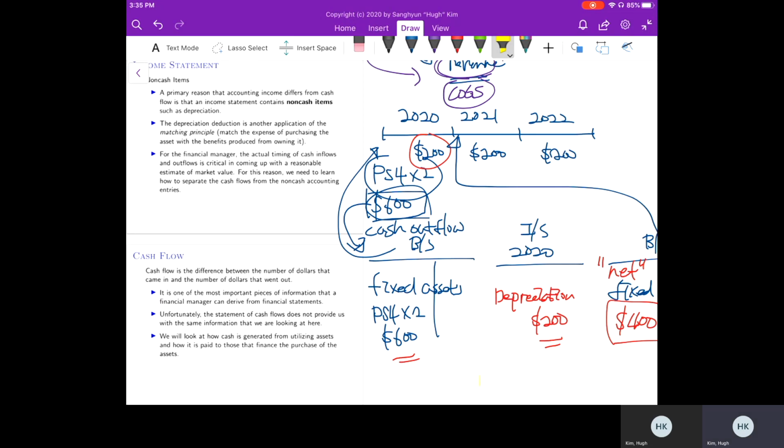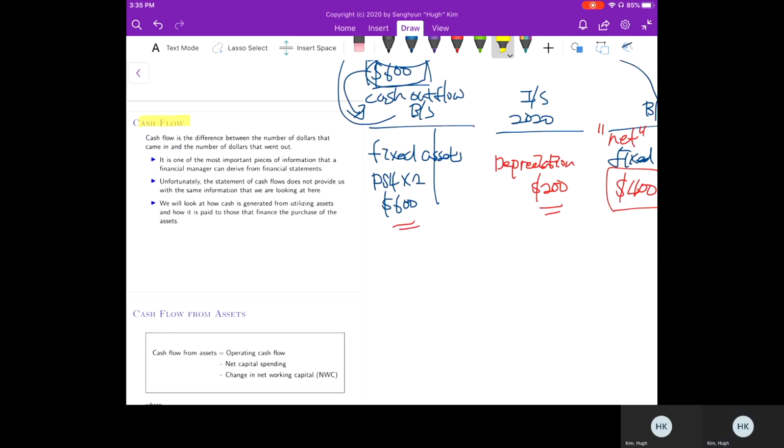So now it's time to learn cash flow. Again, cash flow is the number of dollars that came in minus the number of dollars that went out. It's one of the most important pieces of information that a financial manager can derive from financial statements.